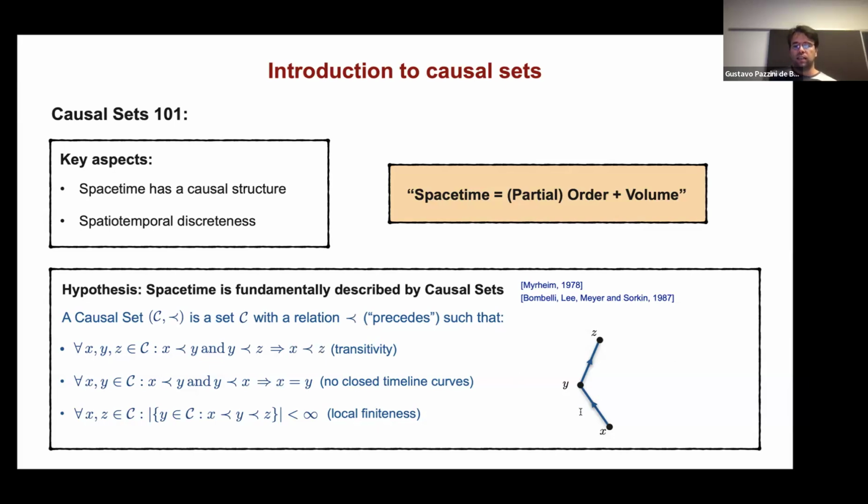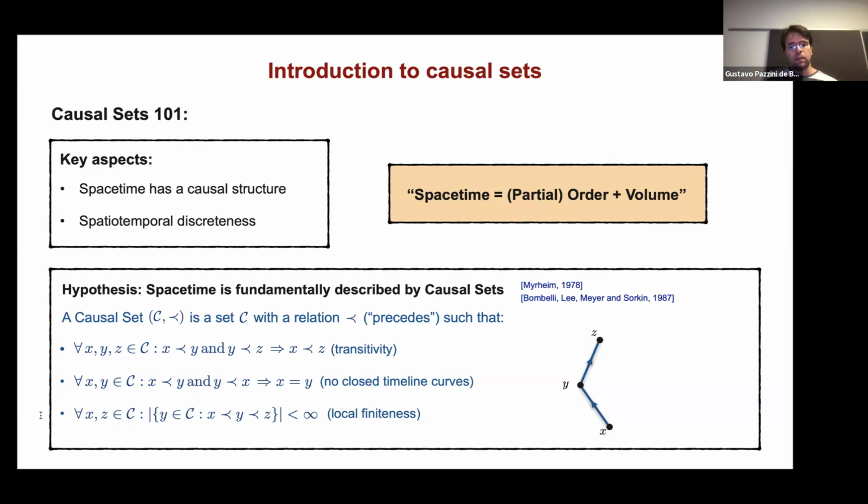So in my example, x precedes y, y precedes z, and therefore x precedes z. In this way, it's quite redundant to add this link between x and z, so I can just omit it in my representation of a causal set.